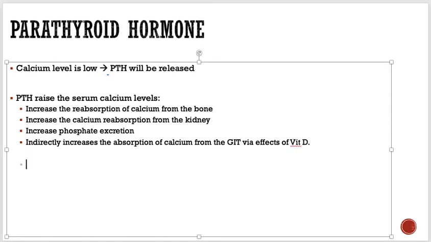See, why I say indirectly, because it is not the PTH which directly increases it, rather it increases absorption via affecting vitamin D. So this is the function of parathyroid hormone now, guys.